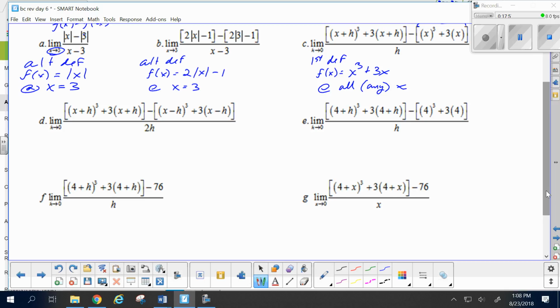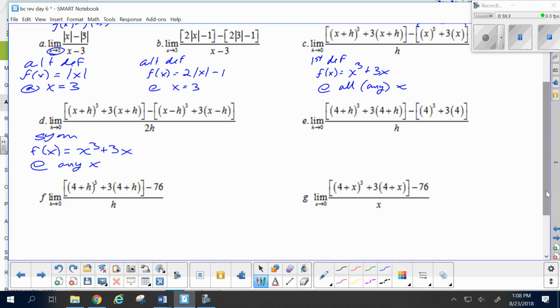Okay, do you agree with my first three? Okay. D, what kind of definition do we have there? Symmetric. What is the function? X cubed plus 3x, and at any x or at a specific x? Any x. It's a rule, not a number.